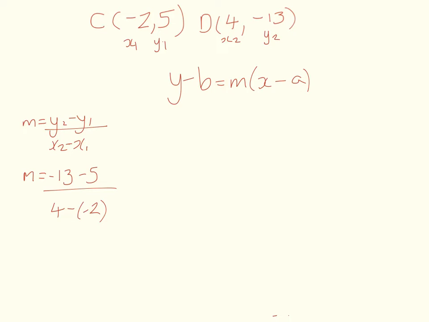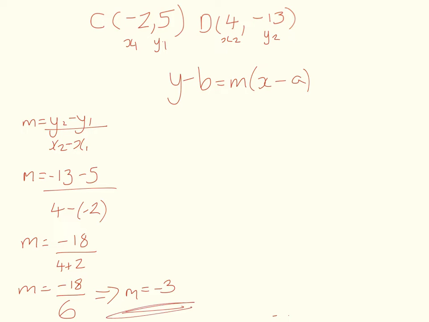Just got to watch out for your negatives here. Minus 13 take away 5 is minus 18. 4 take away negative 2 is the same as 4 plus 2. So I'm going to have minus 18 over 6. So the gradient is going to be minus 3.